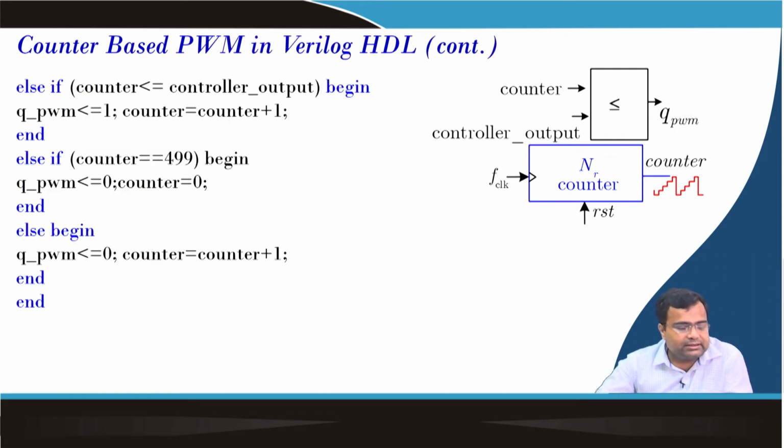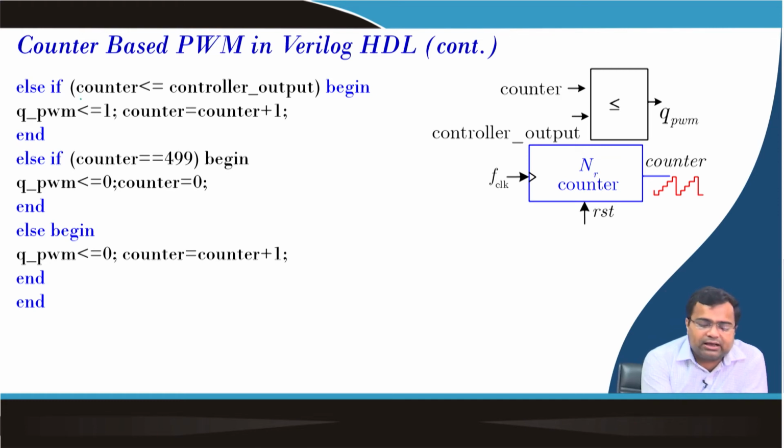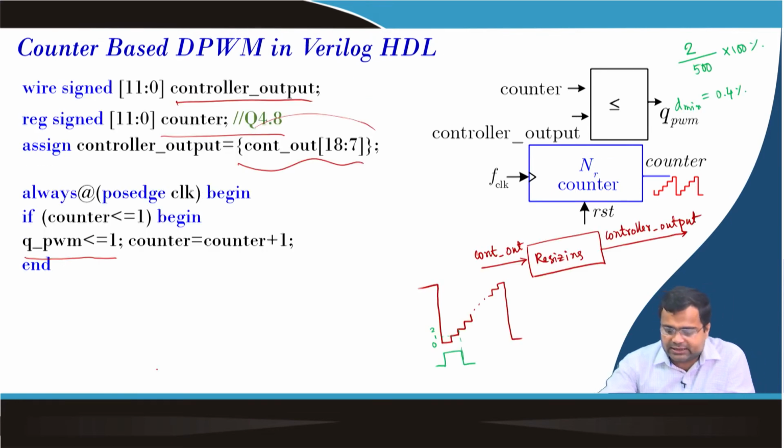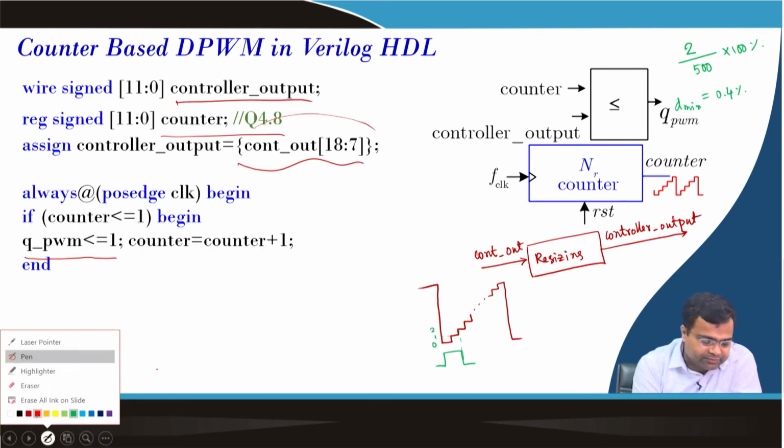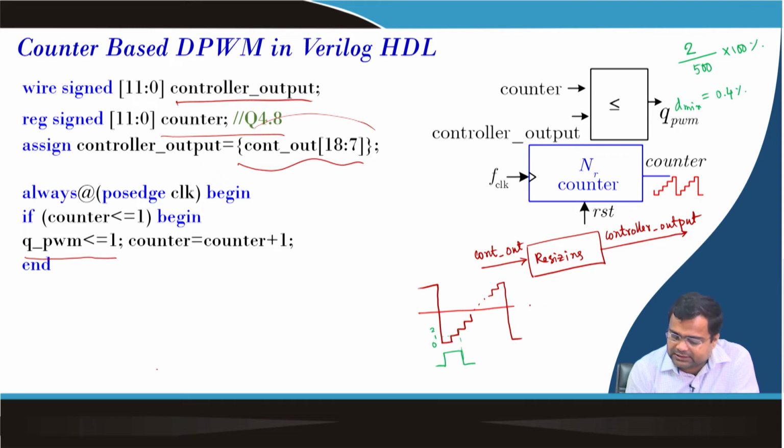Then next, as long as the counter output is lower than the controller output, because the next will be, we have a controller and this is the controller output, and if we take this signal, so this we have to take.